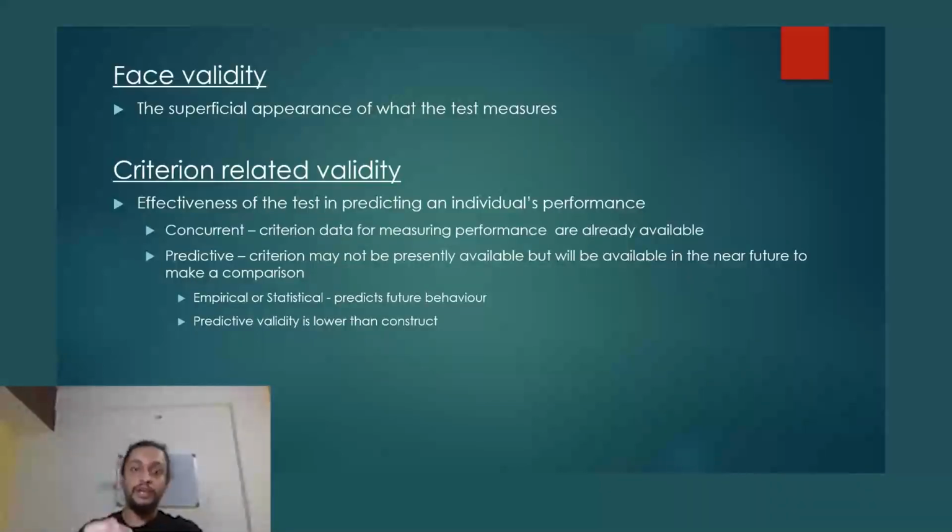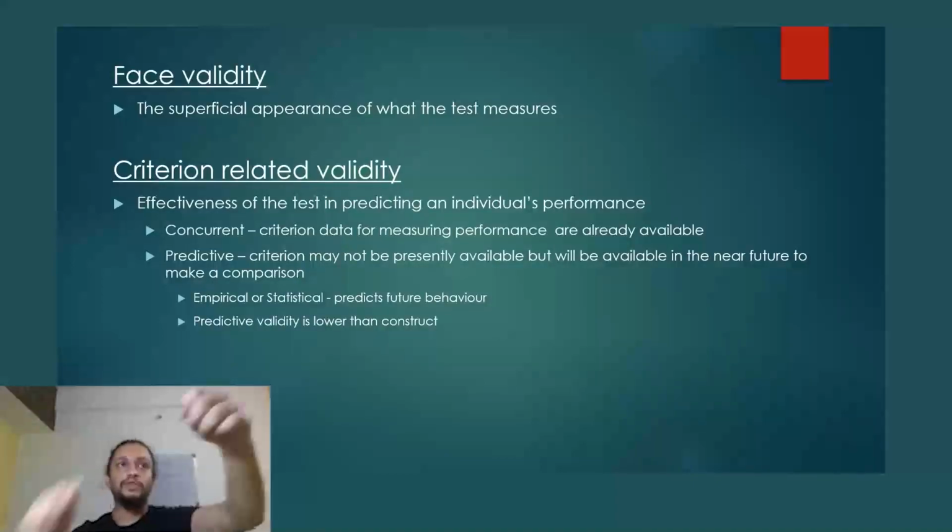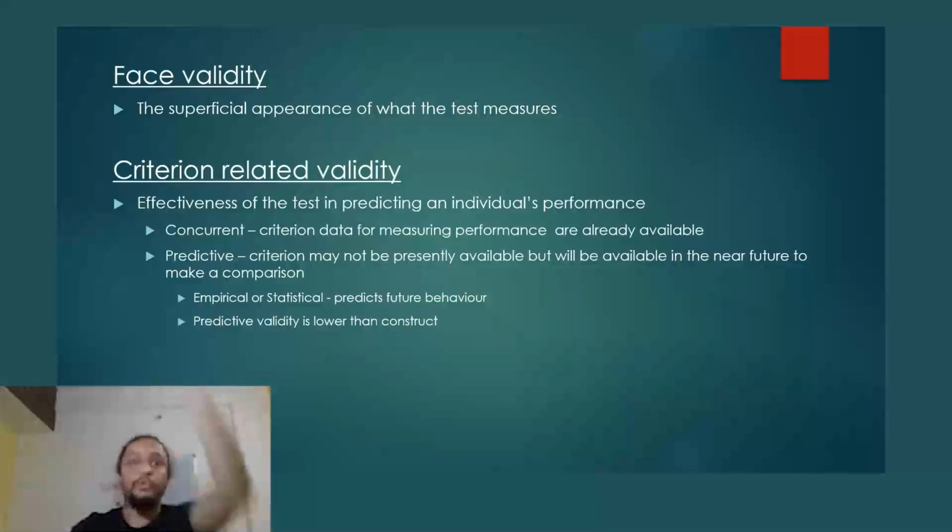So you're making a prediction that the performance can be reviewed in the future by another test that is not created yet. So naturally, predictive validity is not as good as concurrent validity because it involves sort of throwing an arrow in the dark, hoping. It's based out of hope more than an existing construct. So that's one important difference that you should know.